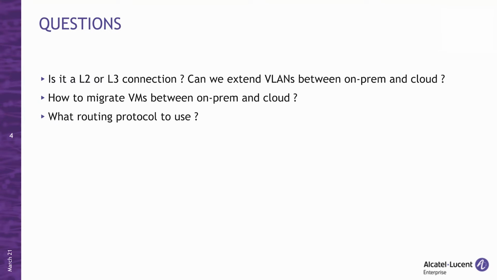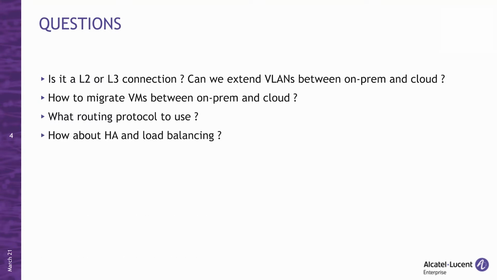Now, we know we are talking about a layer 3 connection, and the follow-up question is, what routing protocol to use? The answer is simple. In all cases, it is BGP. BGP is designed for this use case, which is the interconnection of different autonomous systems. That means different islands under different administration, and it enables sophisticated policy control.